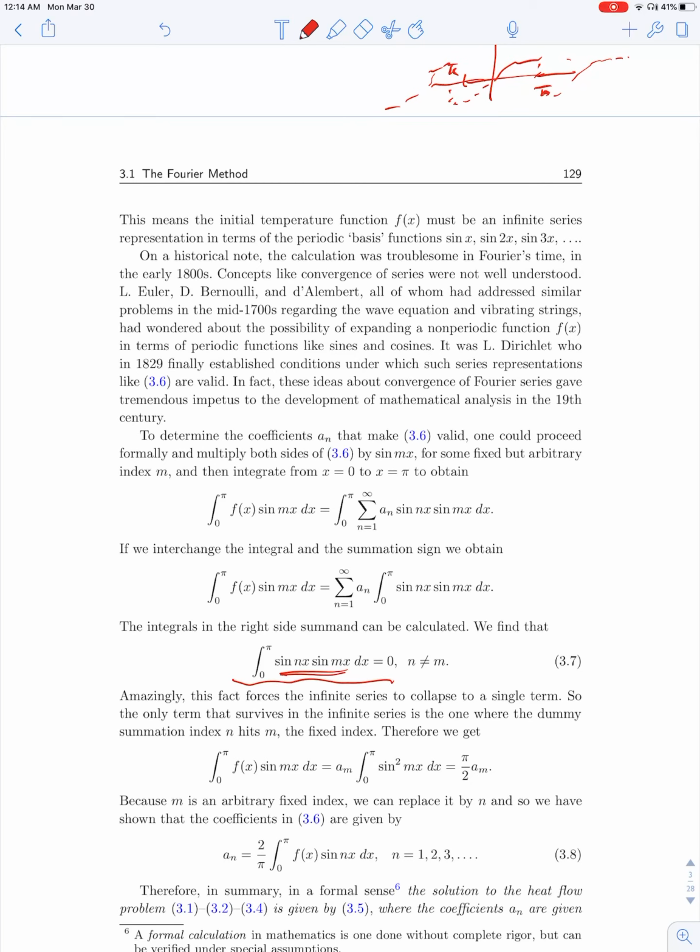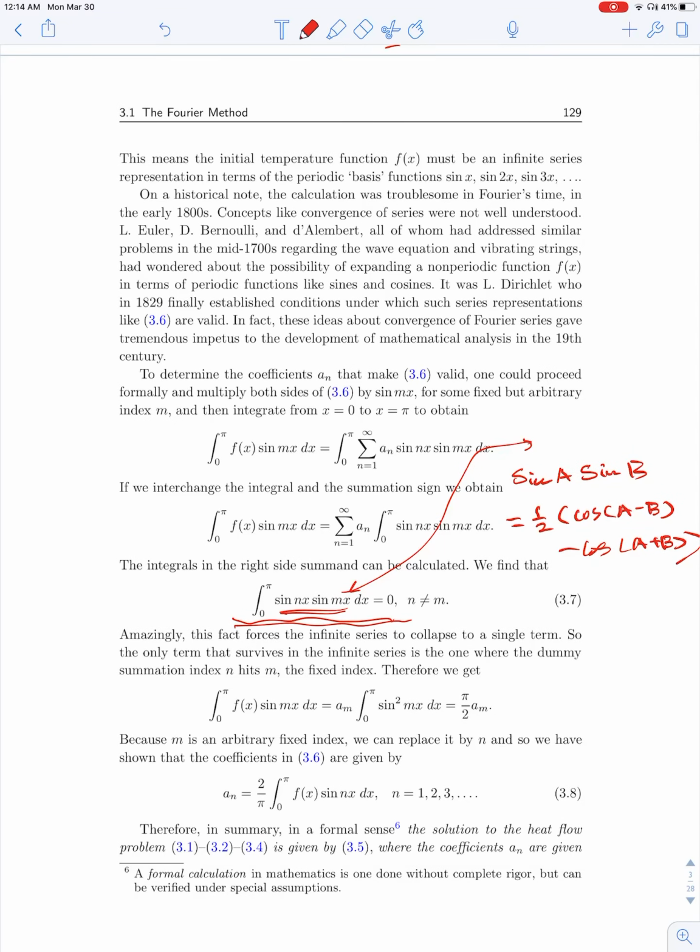If you go back to your Calc 2, then you know that the way we find this integral is through this trig identity, sine A sine B equals 1/2 of cosine(A minus B) minus cosine(A plus B). So this is a trig identity that we use to prove that this integral here is indeed 0.